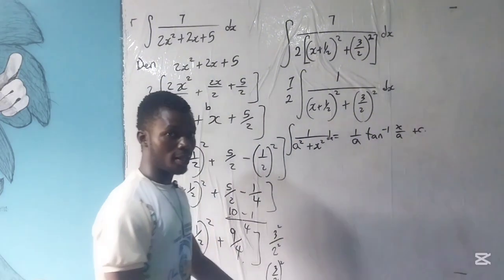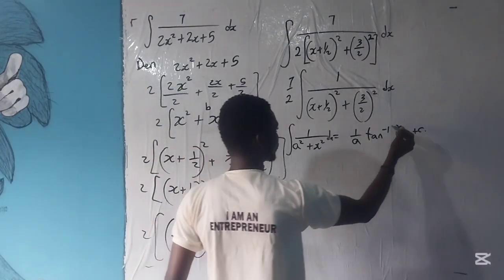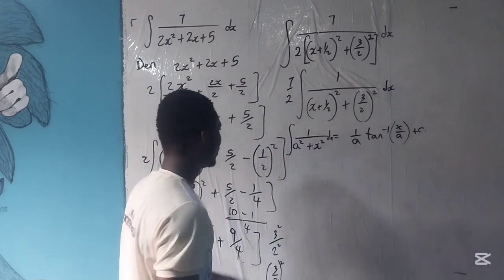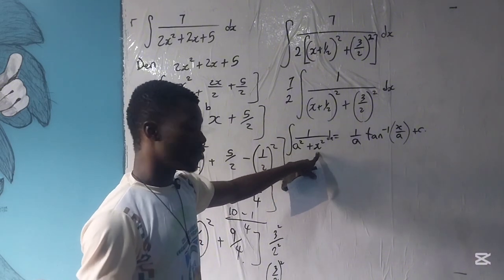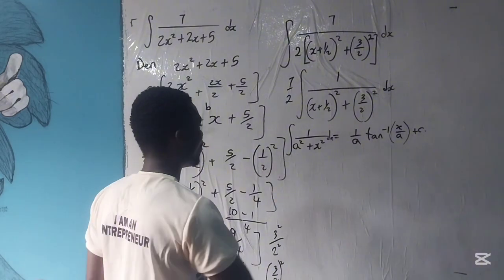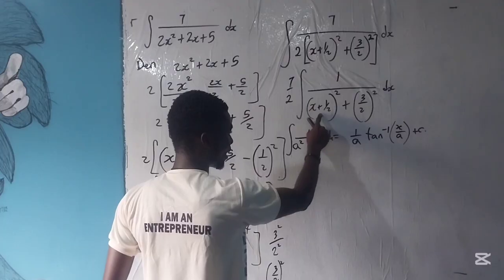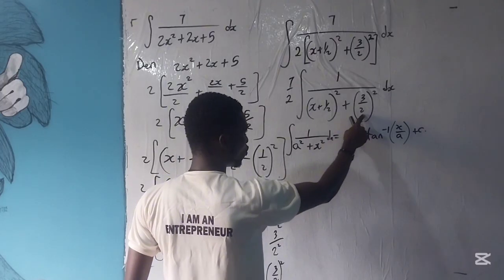Do you remember that? Okay. So that is something we are going to do here. A is the one that doesn't have the variable x. X is the one that has the variable x. Now, our x here is this bracket. Our a here is this bracket.